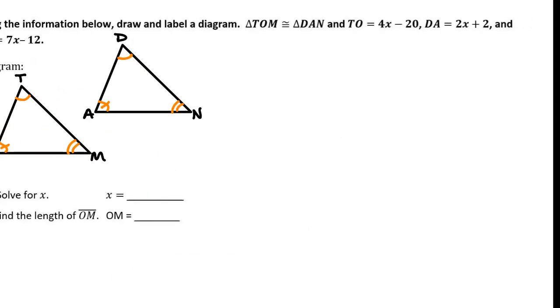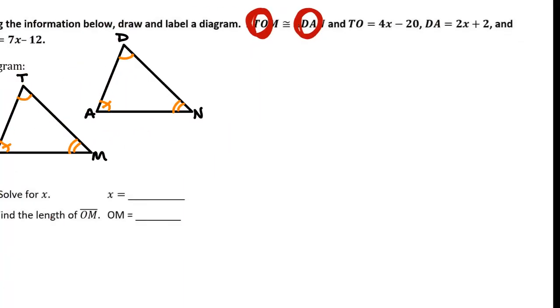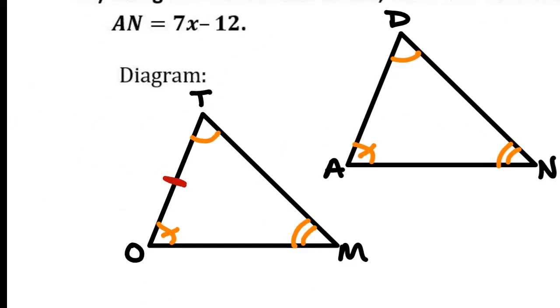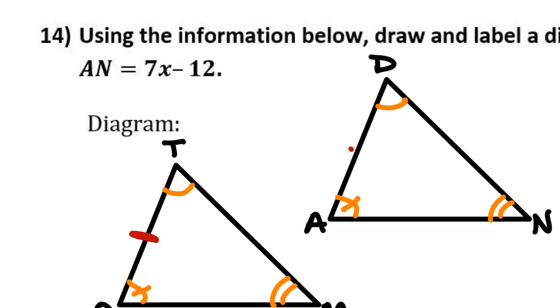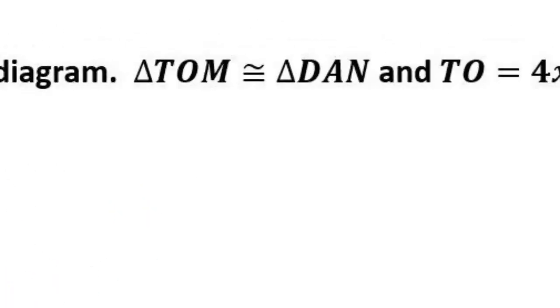And then we can also use this to match up our corresponding congruent sides. I'm going to look at first two letters, TO. First two letters over here, DA. So side TO is congruent to side DA. What would be another pair of corresponding congruent sides?